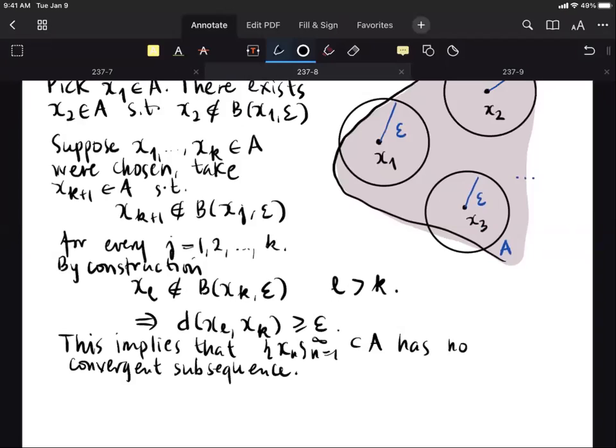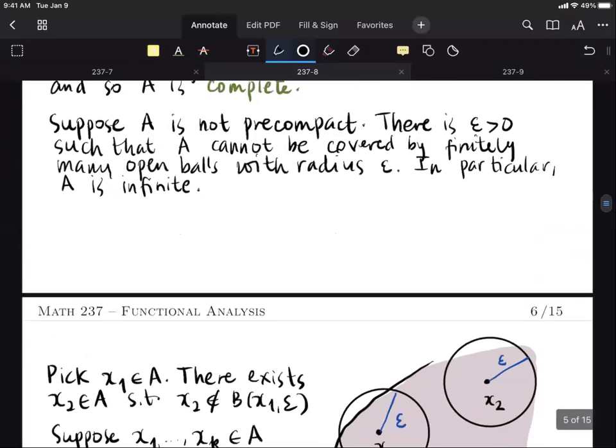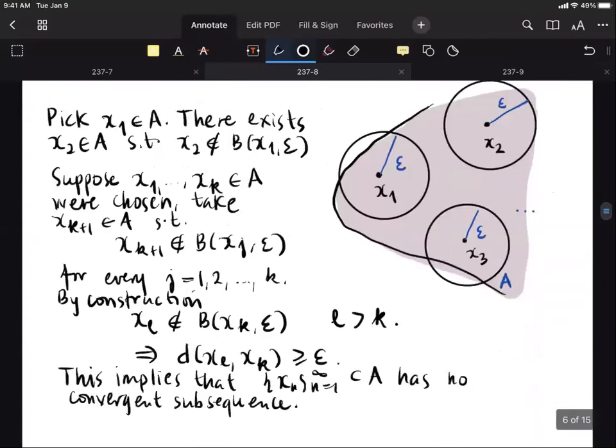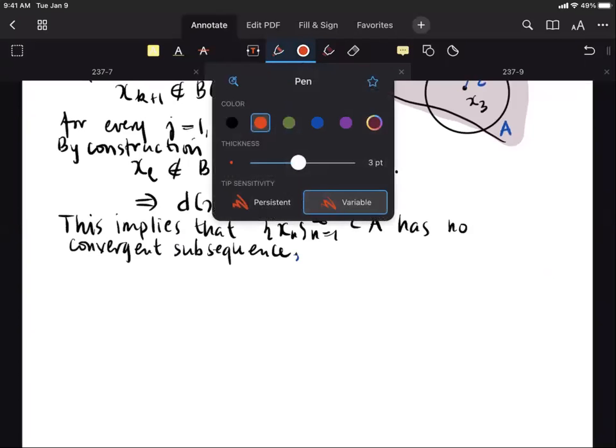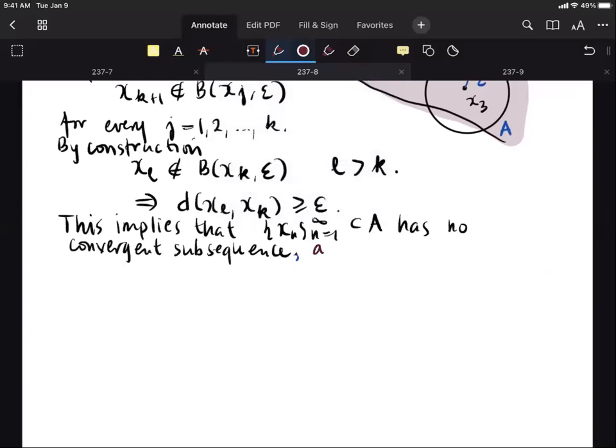So the distance between two terms is greater than or equal to epsilon. So they cannot converge to a point, and hence to a point in A. And from this, we obtain a contradiction, since we assume that A is sequentially compact.